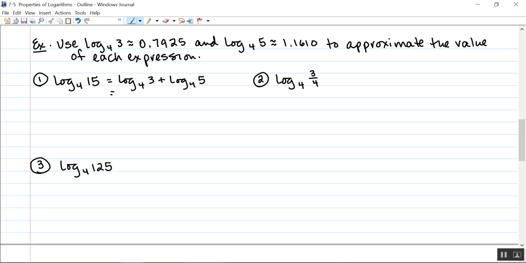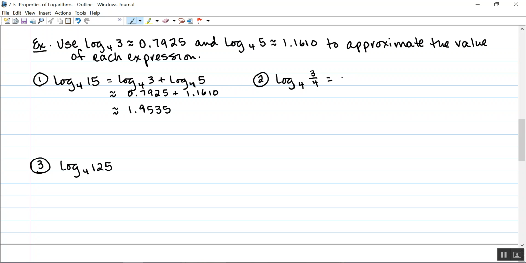So log base 4 of 3 is approximately 0.7925, and log base 4 of 5 is approximately 1.1610. Actually, I should probably have a squiggly equals here. And that's approximately equal to 1.9535.